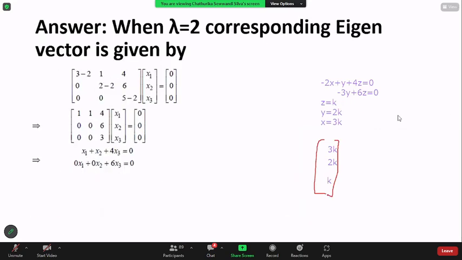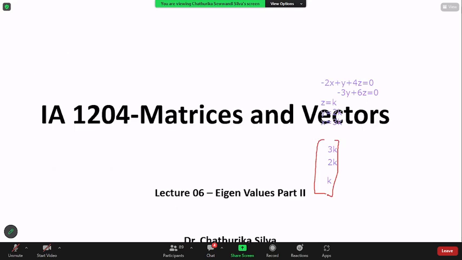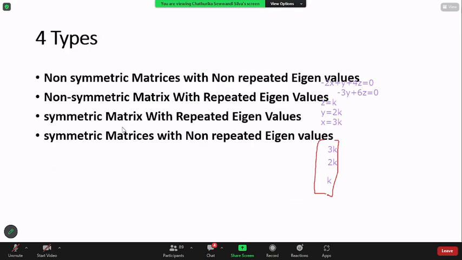So we have four cases: non-symmetric matrix with non-repeated, non-symmetric matrix with repeated, symmetric matrix with repeated, and symmetric matrix with non-repeated. So we just finished non-symmetric matrix with non-repeated, and that is the easiest.